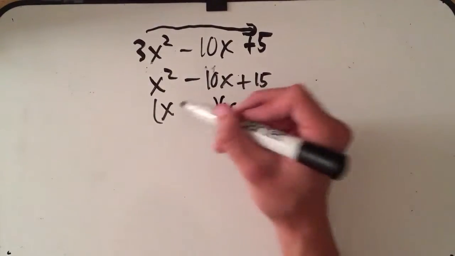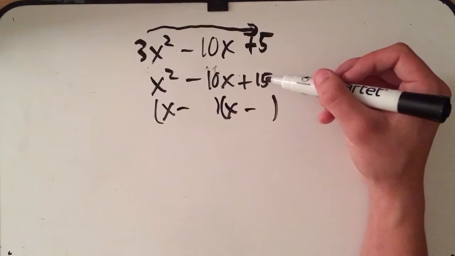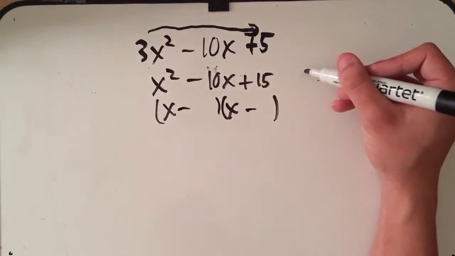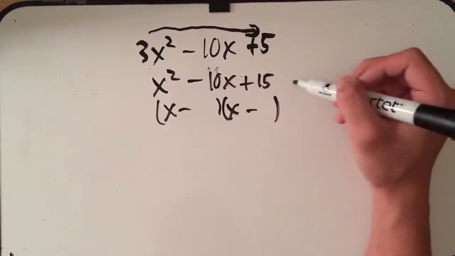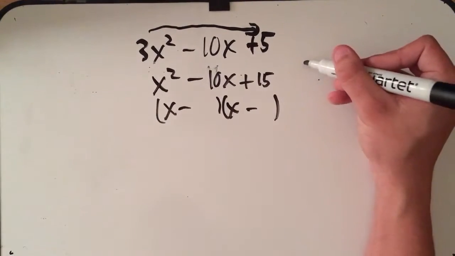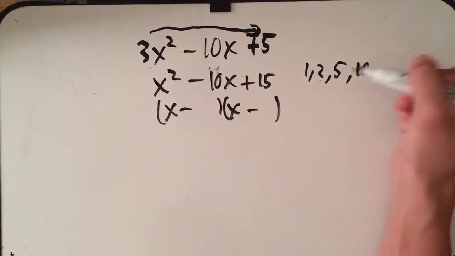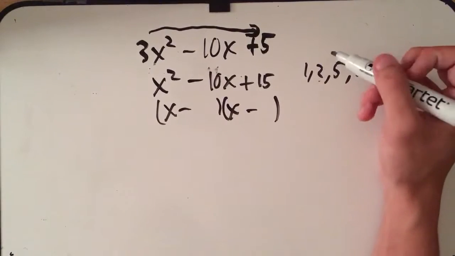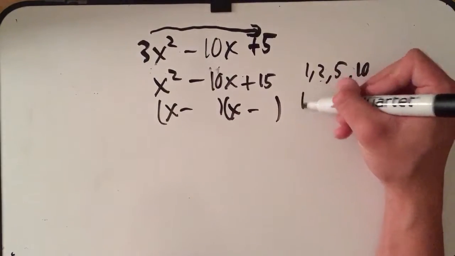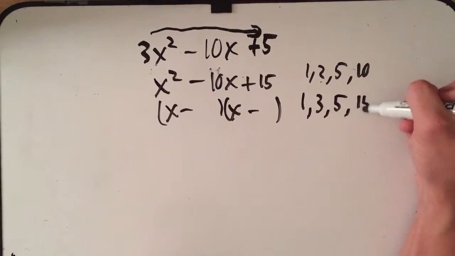So it needs to be 2 negatives, and you know that it has to add up to 10 and multiply to 15. So let's see, the numbers that go into 10 are 1, 2, 5, and 10, and the numbers that go into 15 are 1, 3, 5, and 15.